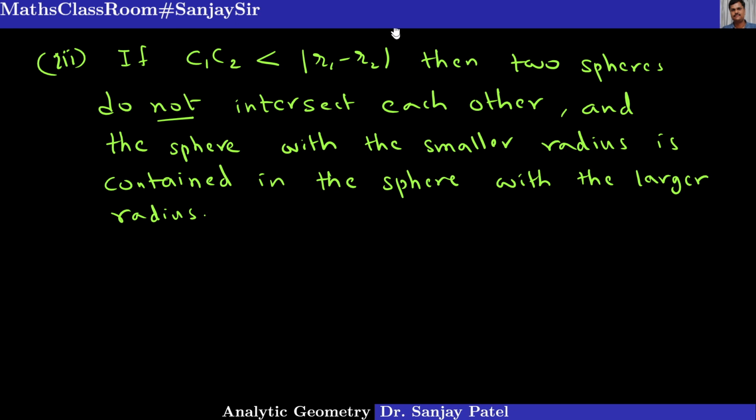Okay, so in this case also the intersection is empty. Here also, in this case, S1 intersection S2 is phi.